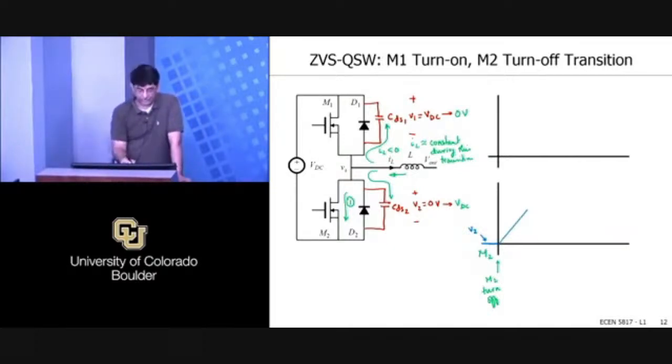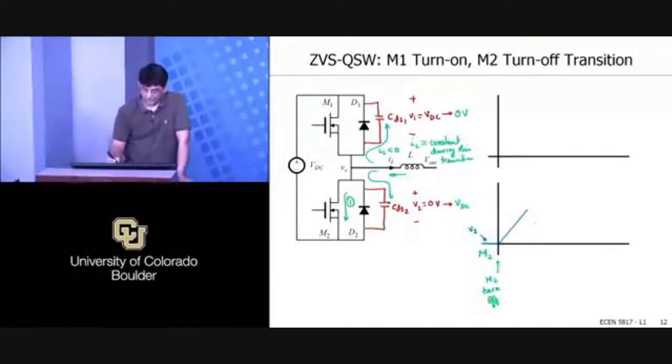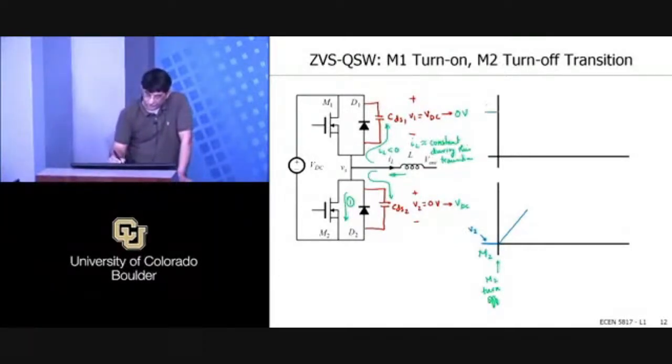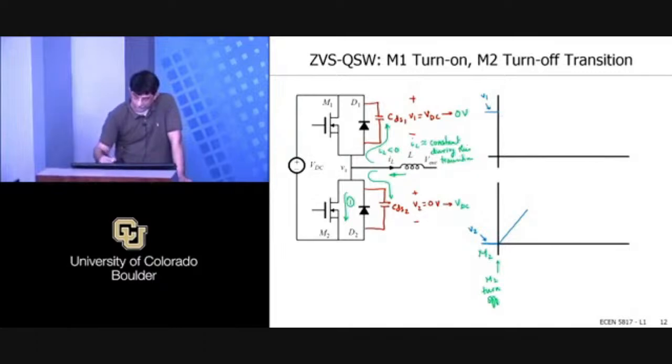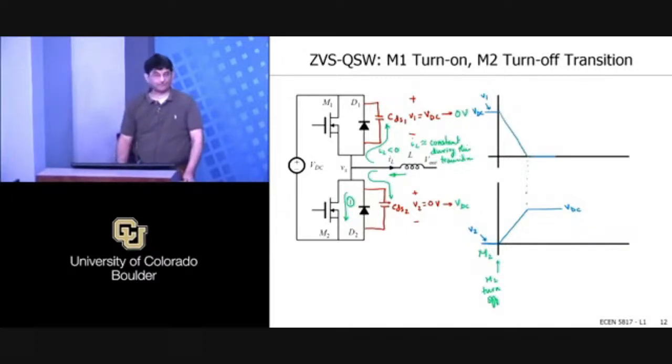And we're assuming that the current is constant during this transition, so it's a constant current charging the capacitors to first order. This will be a linear rise, and the voltage on V1 will come down, and let's say this was VDC, and that was VDC, so that essentially comes down, and that's what happens, right?